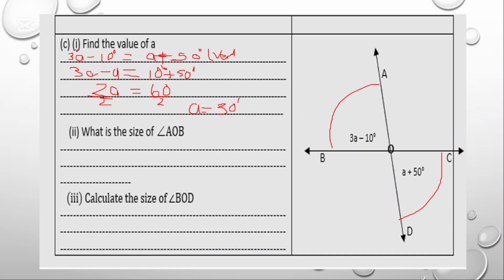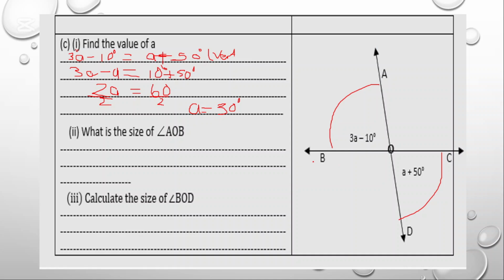If you struggle with the sum, go back to your equations and look at the rules for equations again. So A is equal to 30. They say find the value of A. So this angle must be 3 times 30 minus 10, because A is 30. And that angle must be 30 plus 50. So what is the size of AOB?